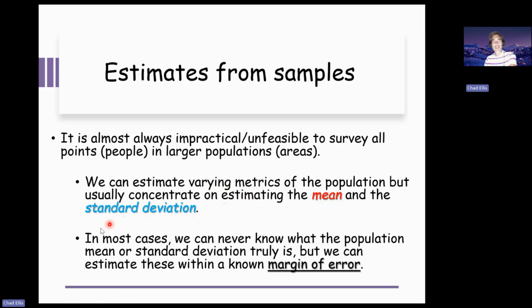But we usually never know what the actual mean and standard deviation of the population is. That's why we're using a sample. But we can calculate what's known as a margin of error to quantify the difference between, say, our sample mean and our overall population mean.